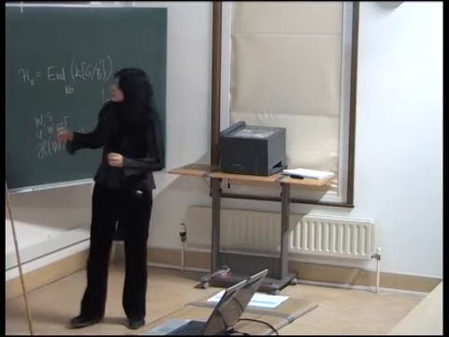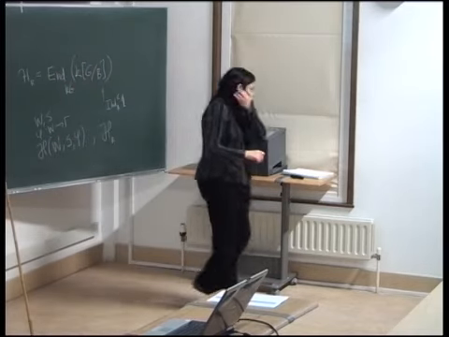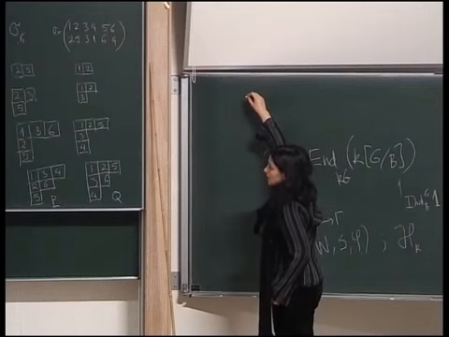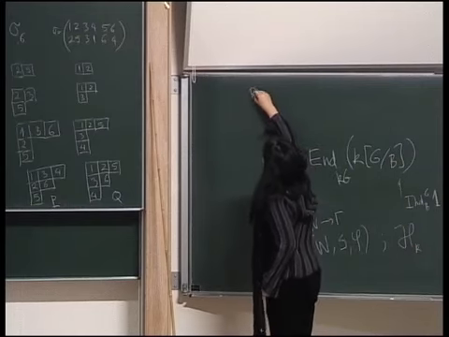Now, the Robinson-Schensted correspondence is a result from the 30s, something like this, which says the following thing.